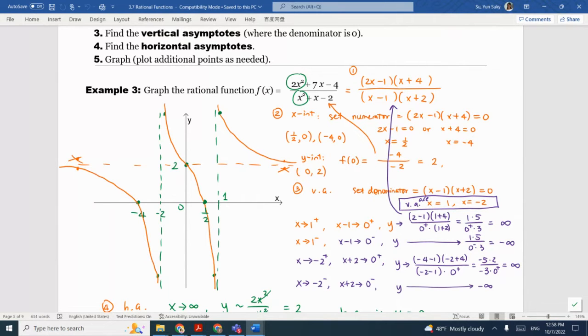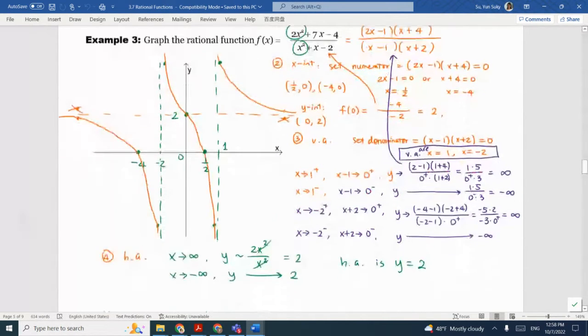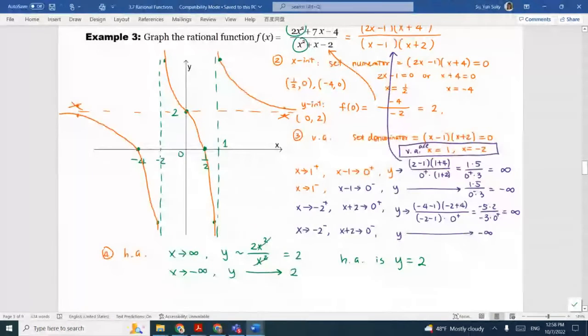And then to find horizontal asymptotes, we don't look at the factored form. We look at the original form, and we look at the leading terms. The leading terms are the highest power terms in the numerator and denominator. Yes? So you let x go to infinity and see what happens to the y.